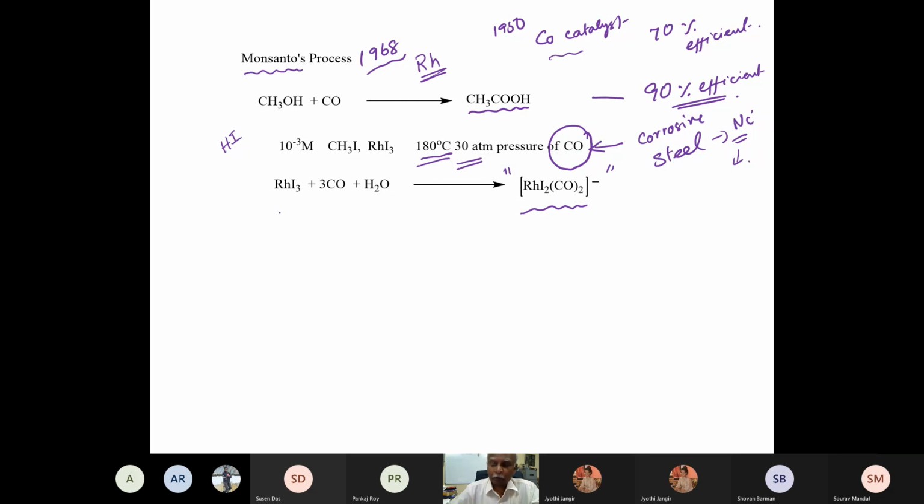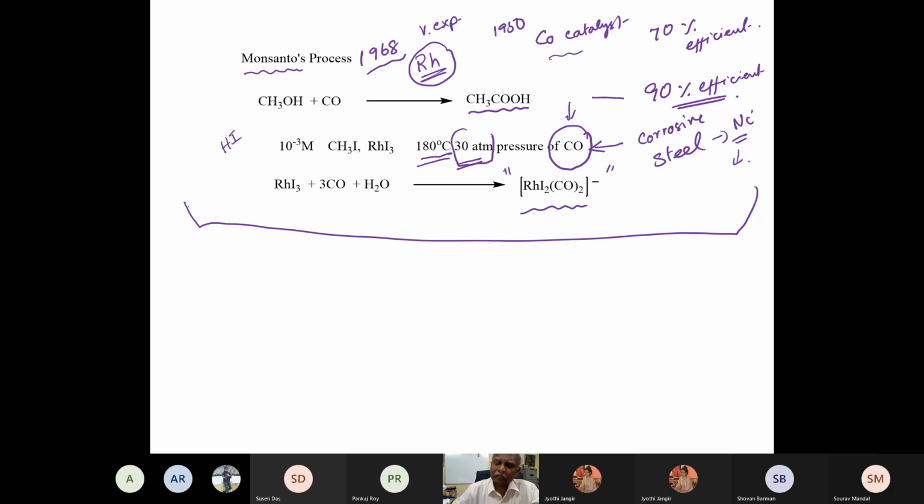So this was an extremely challenging process. First of all, it used rhodium, which was very expensive. It used carbon monoxide under high pressure, and that was a major challenge. And it used HI, which was corrosive.